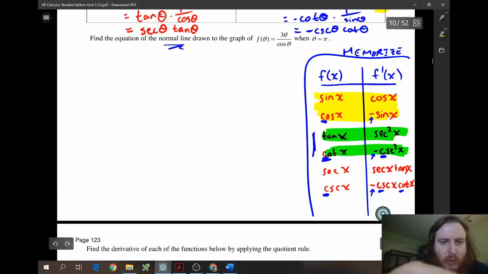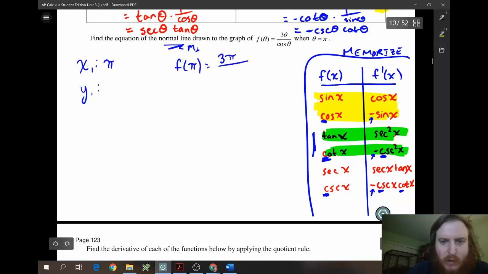So next one, find the equation of the normal line. Now when we have a normal line, we want to remember that's the perpendicular slope. So x1 is going to be pi, our theta. y1 is going to be when we plug it into the original. So f of pi equals 3 pi divided by cosine of pi, which is at negative 1 comma 0. So divided by negative 1, we get negative 3 pi.